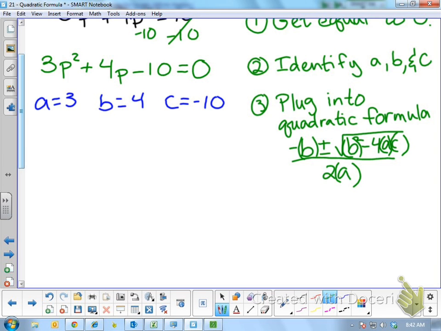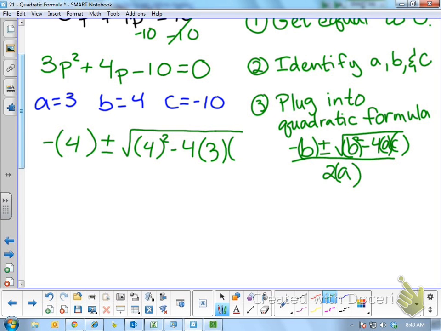So we have negative from the formula, and then our first letter was b. So what corresponding number should I replace it with? 4. Plus or minus square root of b squared. We already said b is 4. Minus 4. a is 3. c is negative 10.